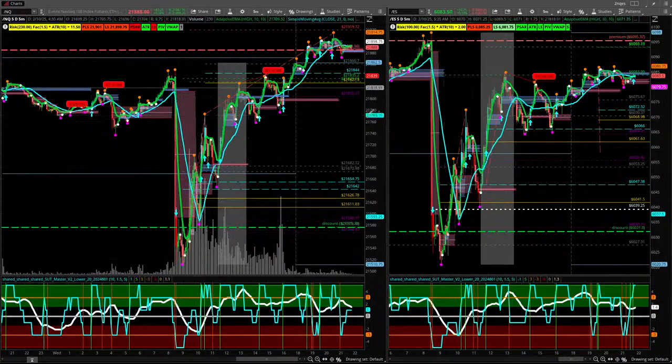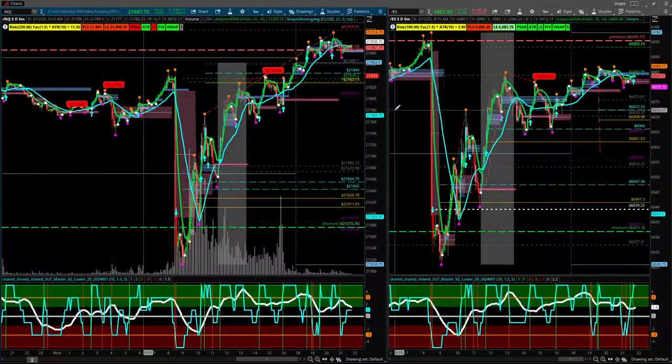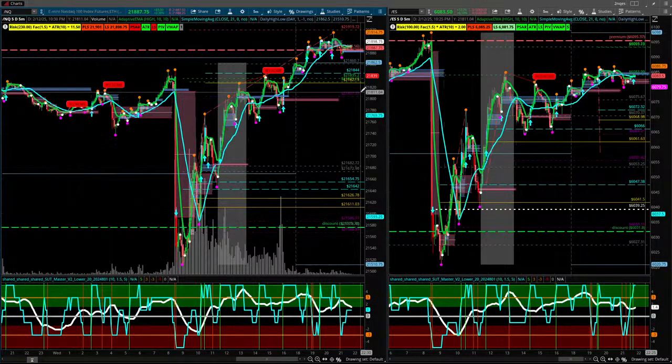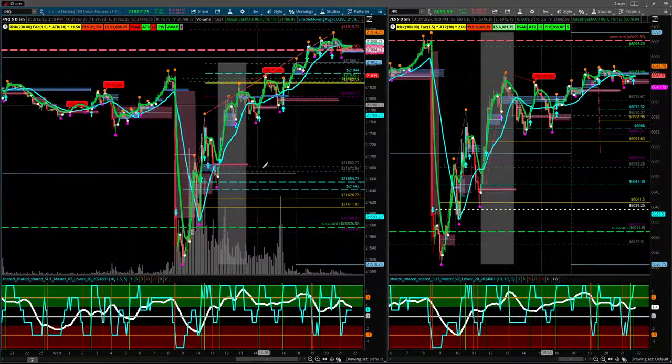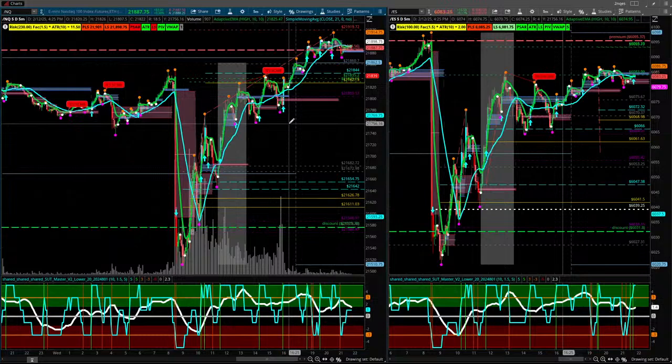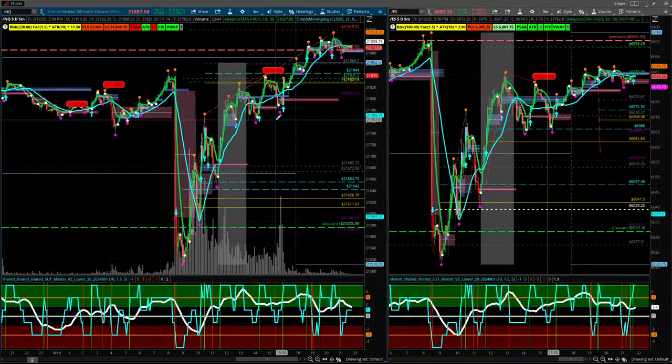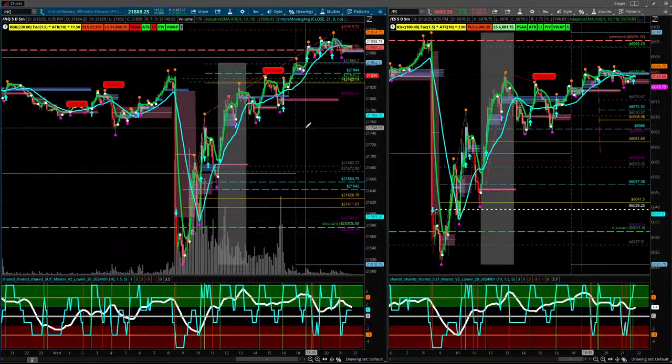Let's see where those upper mids are real quick. Yep. All right. Cool. That's what I'm going to have here as we go into tomorrow. I'll share these levels with you guys in the room, and then you're going to have to write down those upper mids. But I'll see if I can figure out a way to automatically share with those in the future.